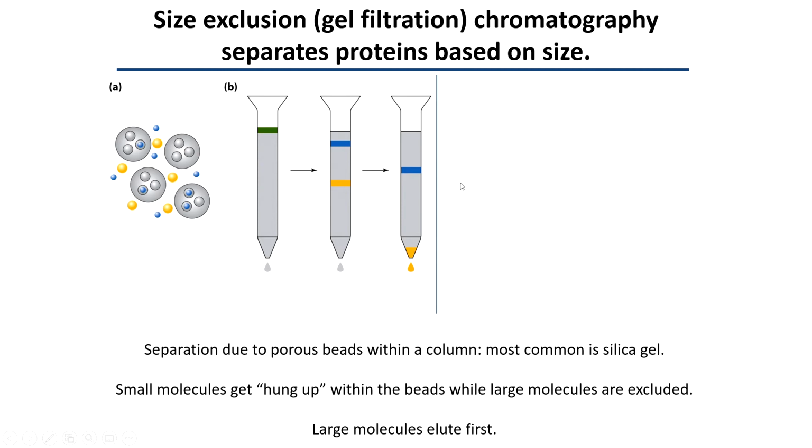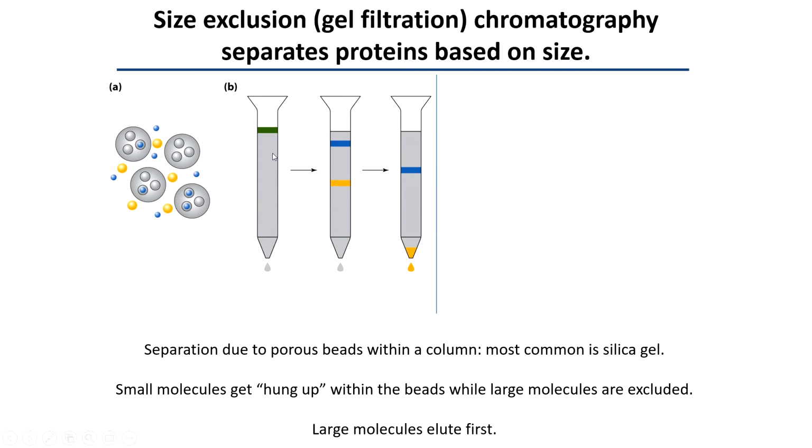This is a column chromatography method called size exclusion chromatography, otherwise known as gel filtration chromatography, which separates proteins based on size. In the solid porous matrix of this column, there are beads that have pores in them. The most common type of bead is a silica bead or silica gel.